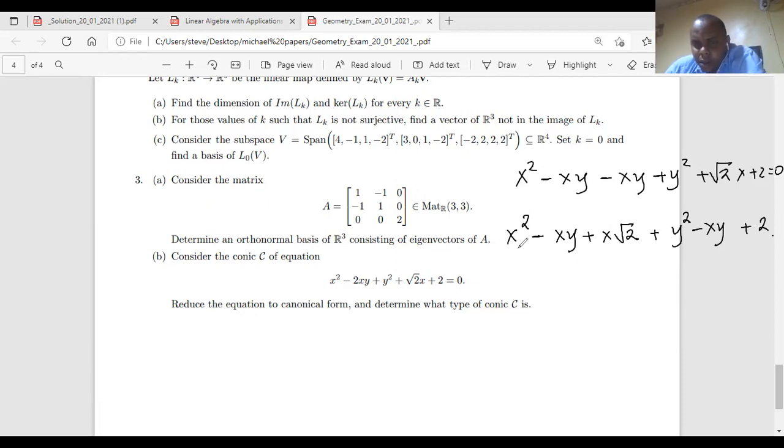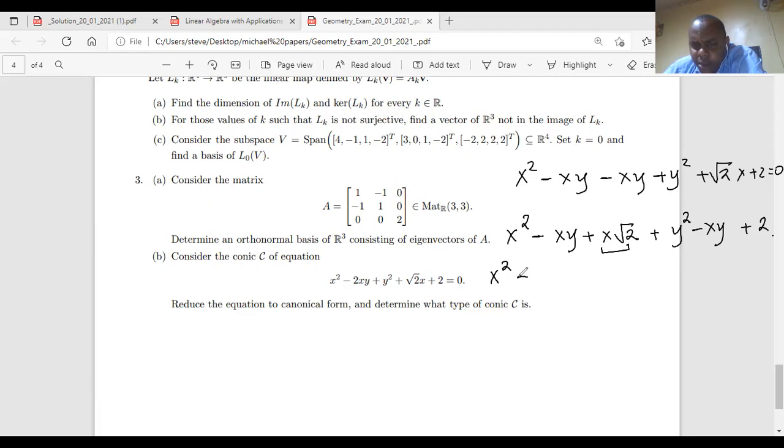So the only way to complete this square is x squared minus xy plus something that completes the square. Oh, we have this as well. So this is going to be x squared. So we factor out x.